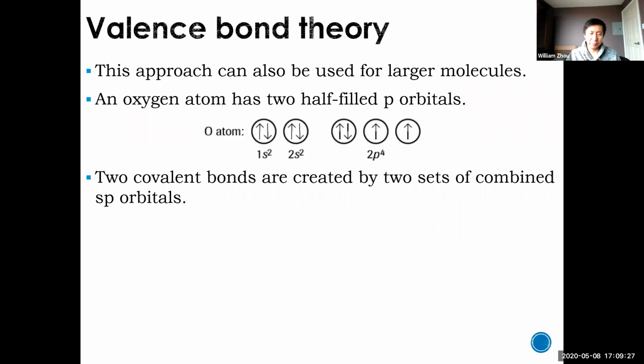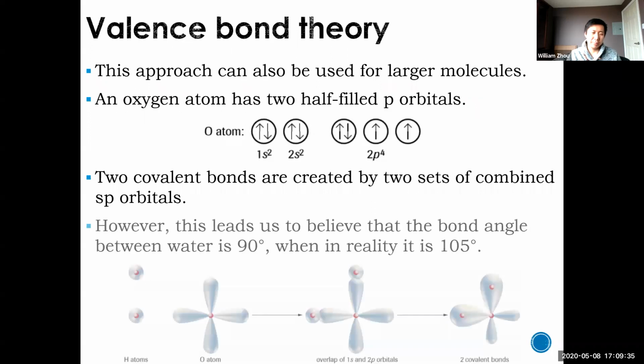So instead, they will attempt to bond with an s orbital of, let's say, hydrogen. I'm using water as an example here. So what happens is that 2 s orbitals from 2 hydrogen atoms will bond with the 2 half-empty p orbitals.